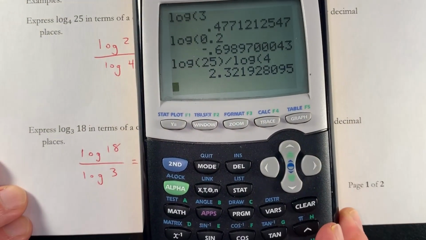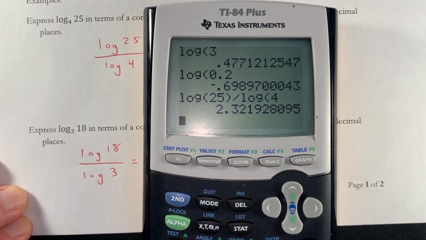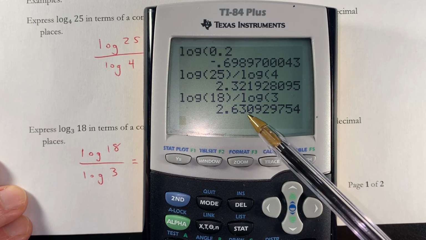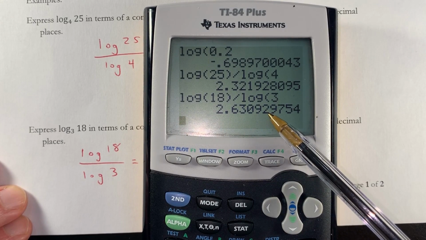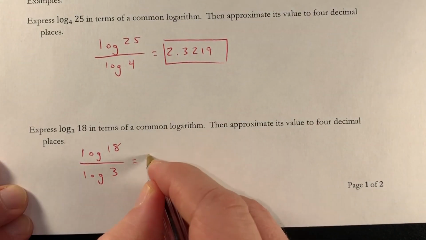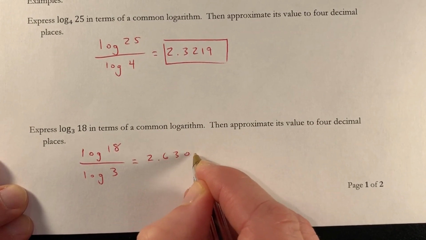Okay, then we type that in the calculator. Log 18, close the parentheses, divided by log 3. And we get 2.6309. That fifth digit is not big enough to bump the fourth one up. So that's 2.6309.